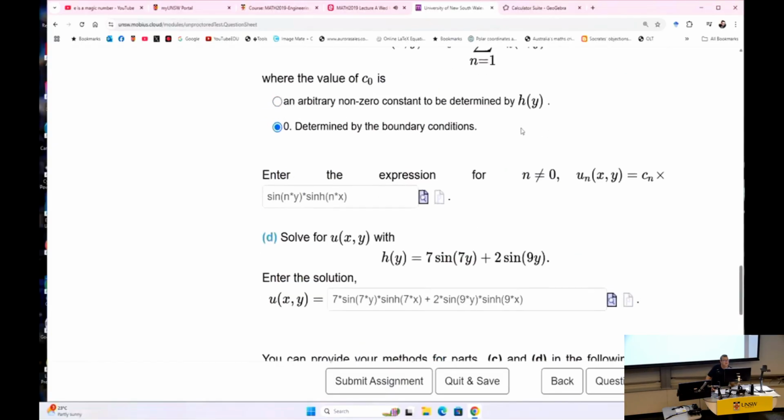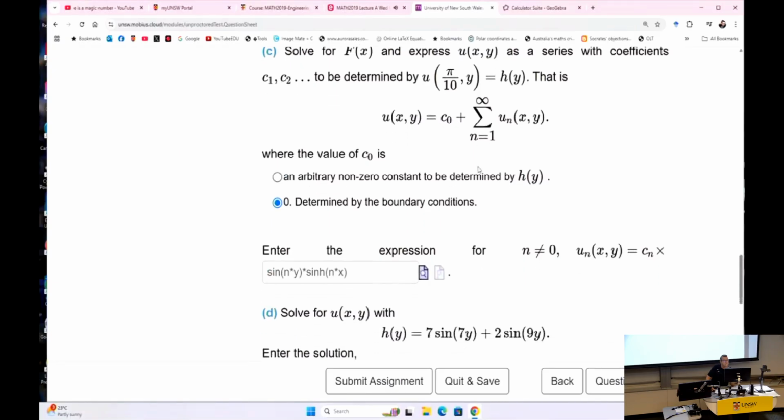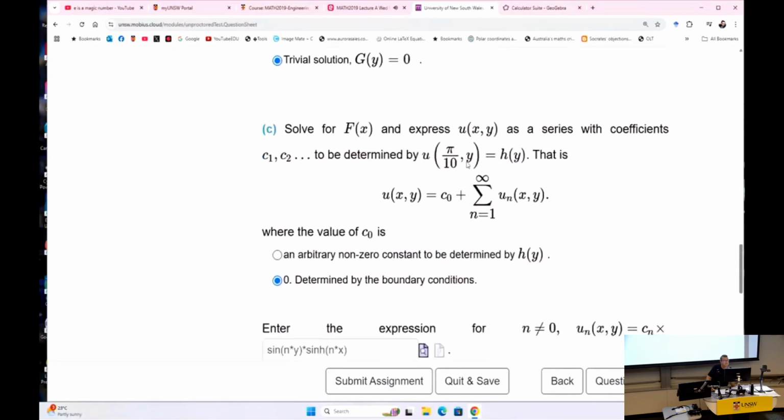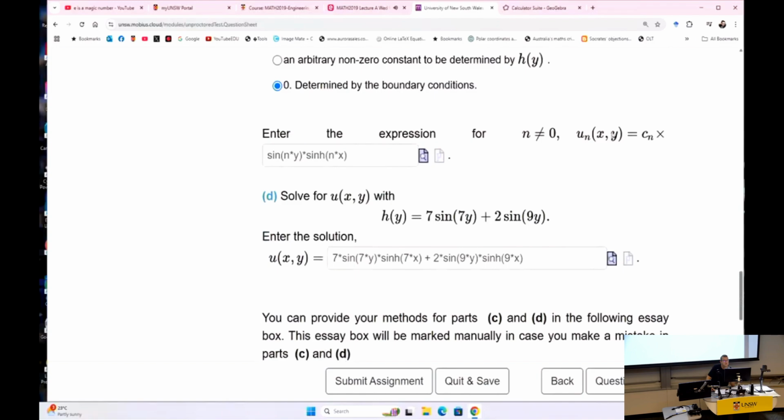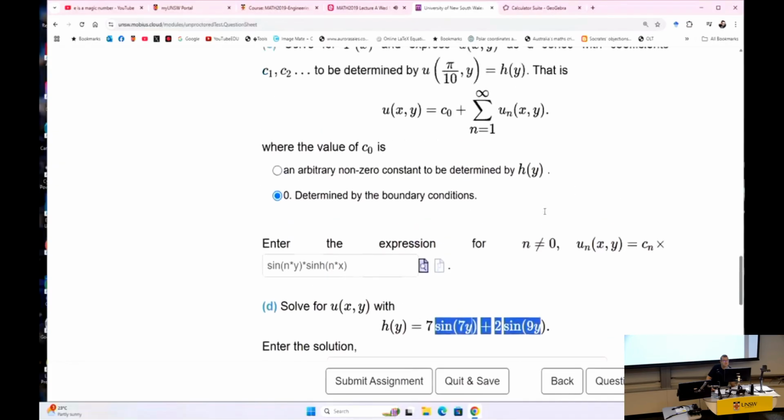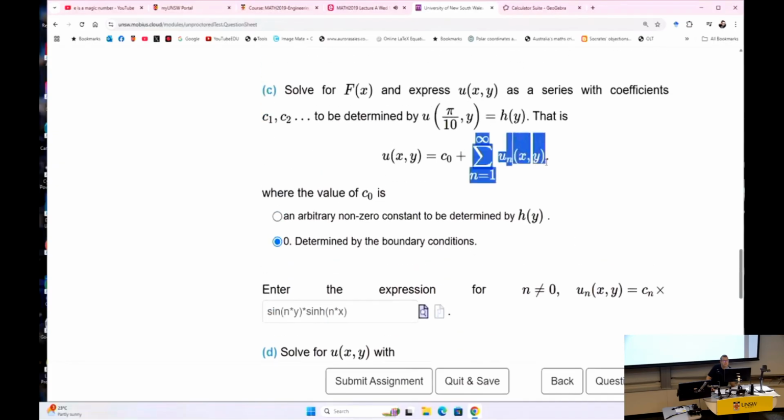Finding the Cns here. Where are we? There. So if we have that, we compare it with that.